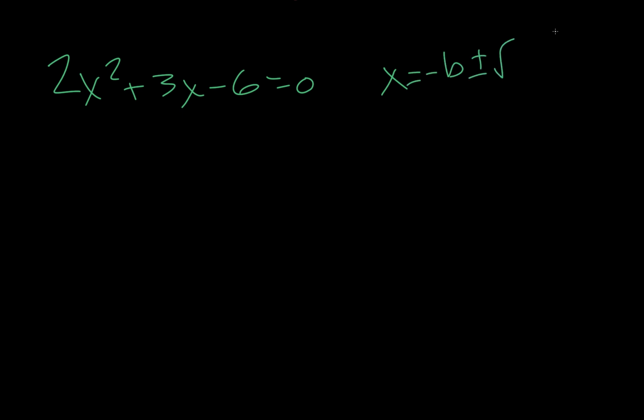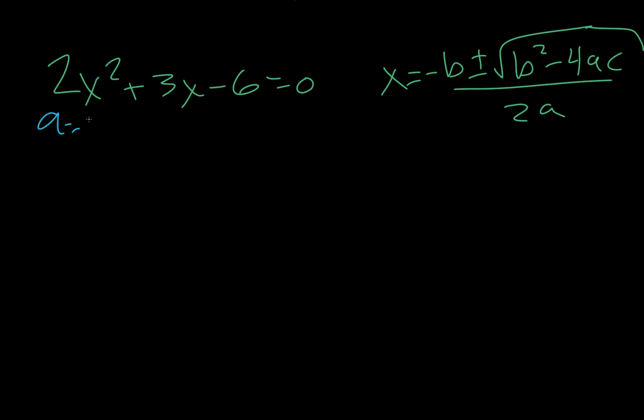Now we're going to do the second part of example 11, which is asking the same question. I'm just going to write the quadratic formula again. First step, write your A, B, and C. So A is 2, B is 3, C is -6.